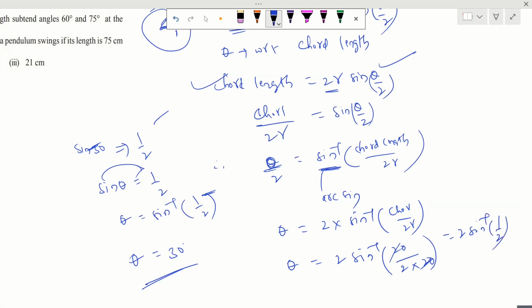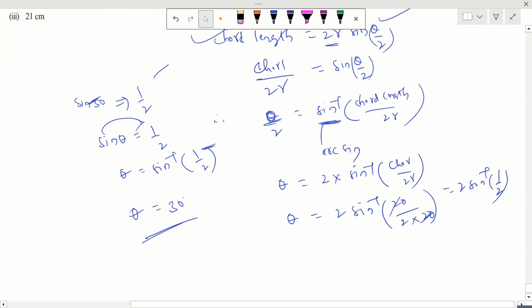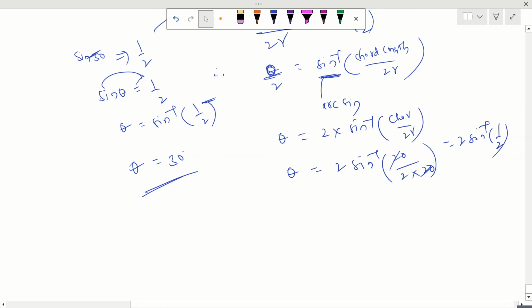Sine inverse of 1 by 2 is 30 degree, right? So theta is equal to 2 into 30 degree, which is 60 degree. So here we got 60 degree.